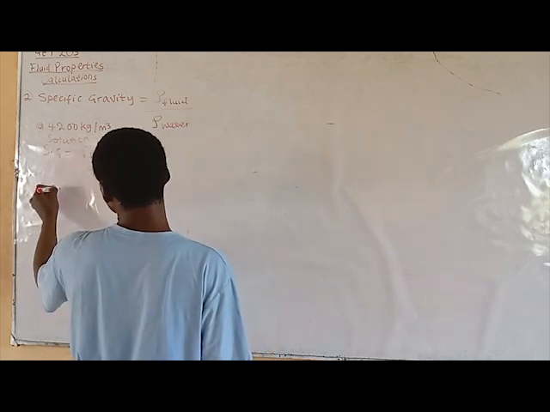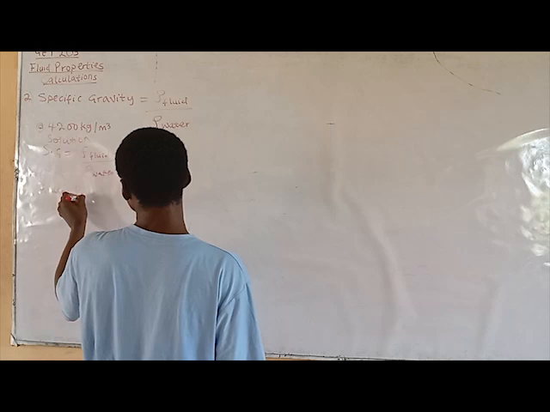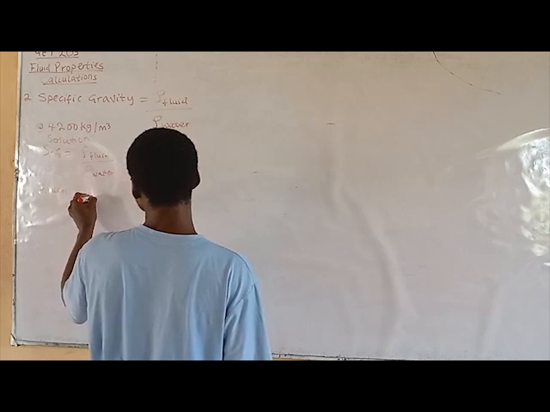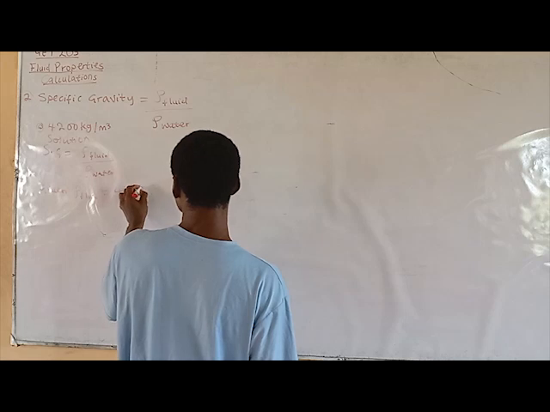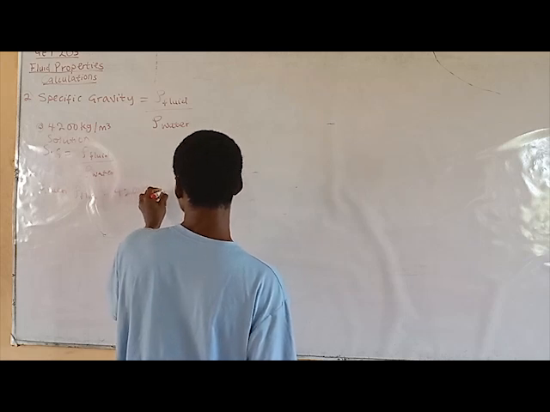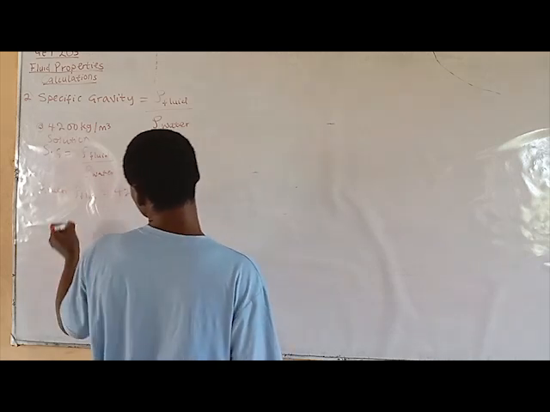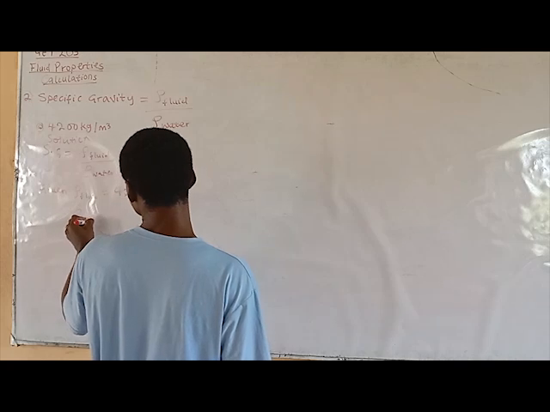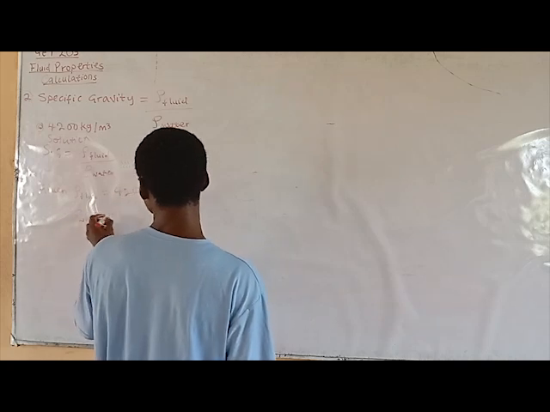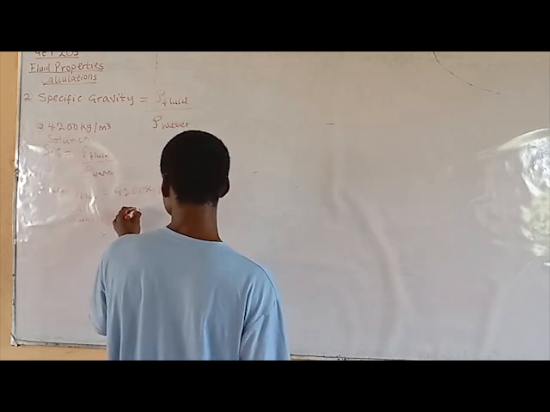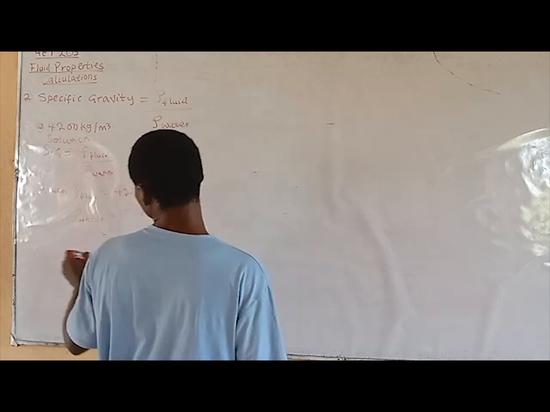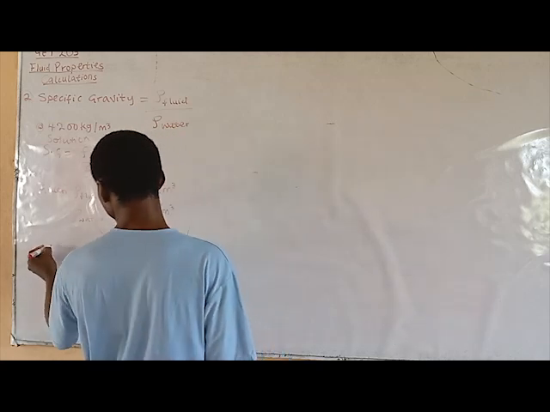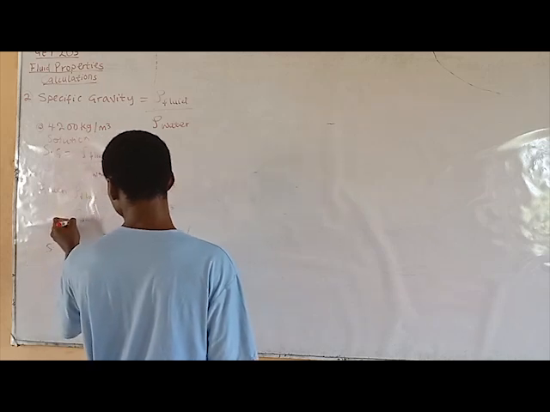Now, given data is that density of fluid equals 4,200 kilogram per meter cube, whereas density of water is always 1,000 kilogram per meter cube.